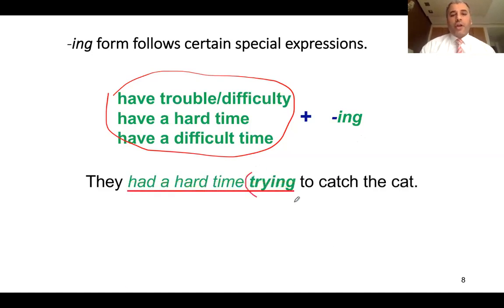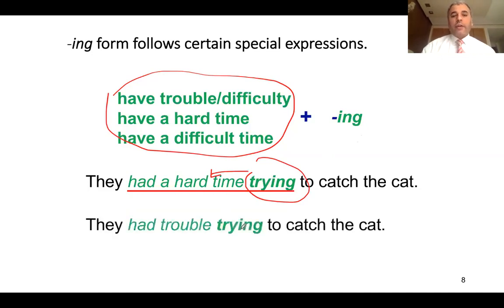You see trying, a gerund after this expression. Next, they had trouble trying to catch the cat. Again, you have a gerund following the expression had trouble. So these expressions, whenever you have them, you simply need to put a gerund after them.